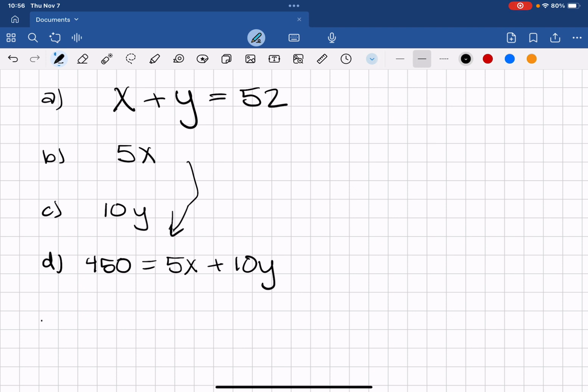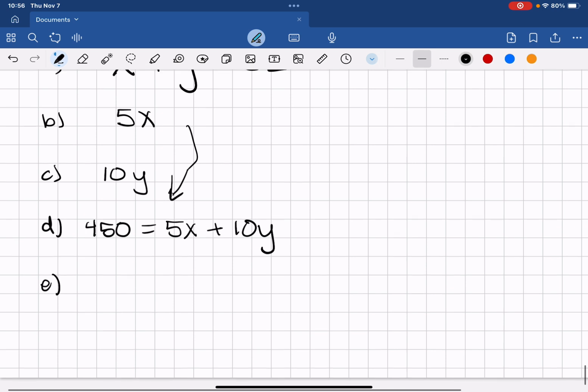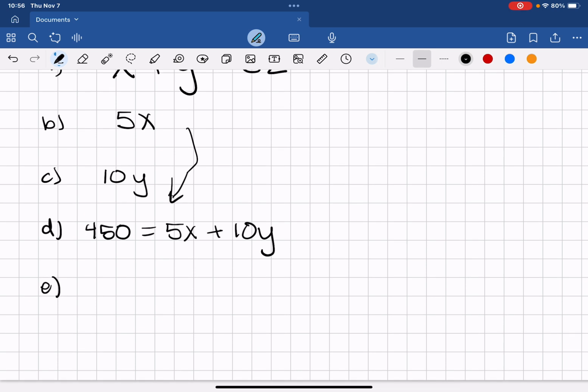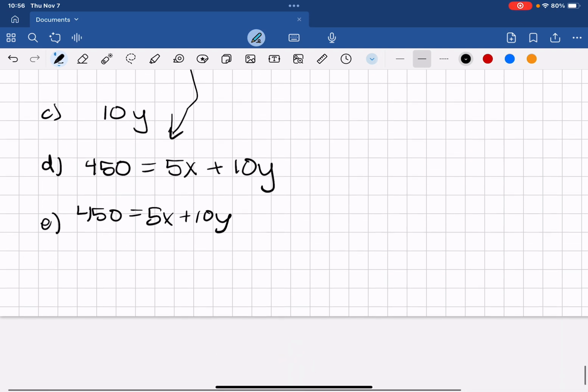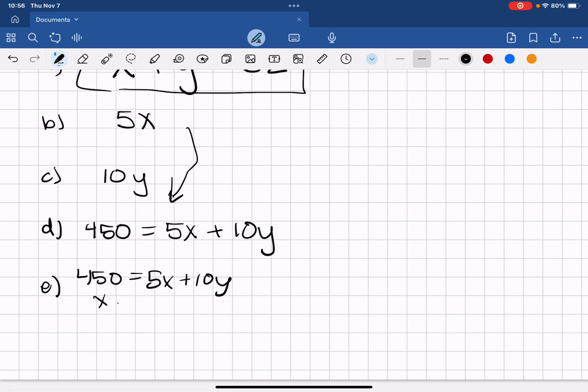Okay. E says solve the simultaneous equations that you have written for x and y. So we have 450 is equal to 5x plus 10y, plus we have this equation up here, which represented the number of coins. So we can say x plus y is equal to 52.